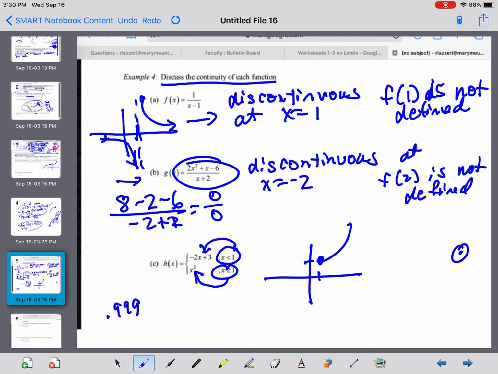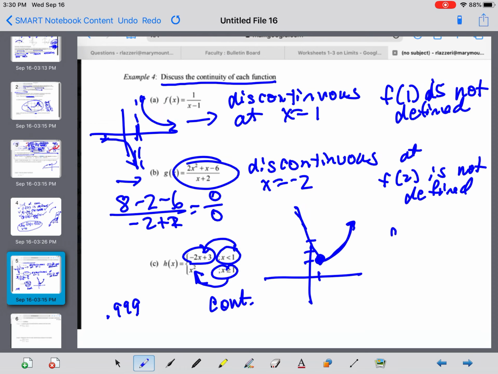And so don't do a little dot with an open circle, like that's really colored in. Of course, you don't need to make it that big of a blob, but in fact, let me draw this better now. -2x plus 3 looks like this. It's coming down, and you have an open circle, and then this one snapped onto it and picked up where it left off. So this one is continuous if I'm discussing the continuity of the function.